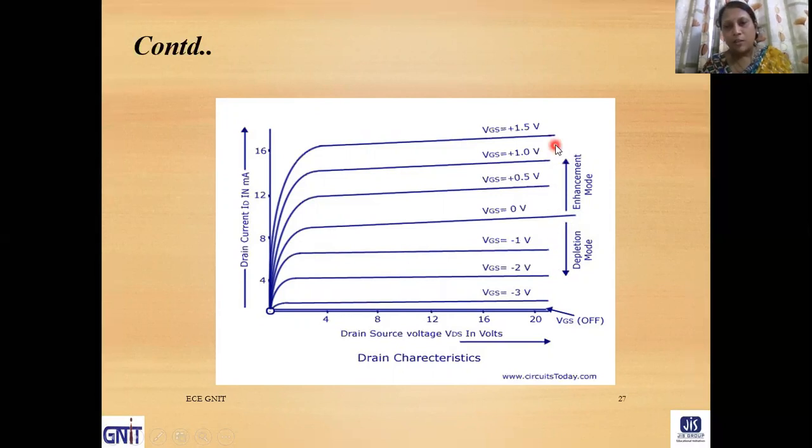It acts in enhancement mode when the induced charge supports the charge carriers present in the channel. So the depletion type MOSFET can act in enhancement mode and also as a depletion mode MOSFET, depending on the gate to source voltage applied.